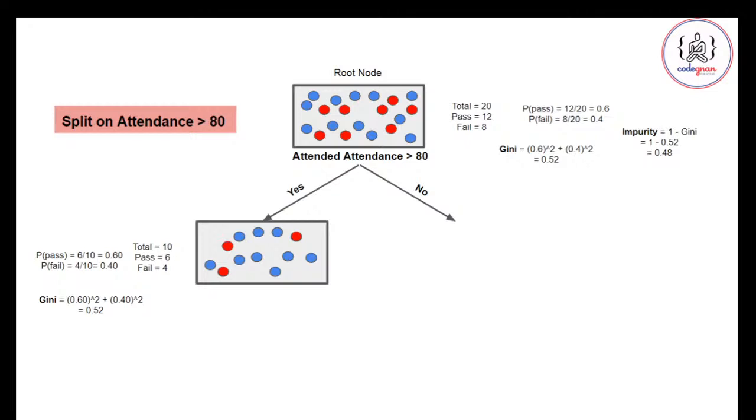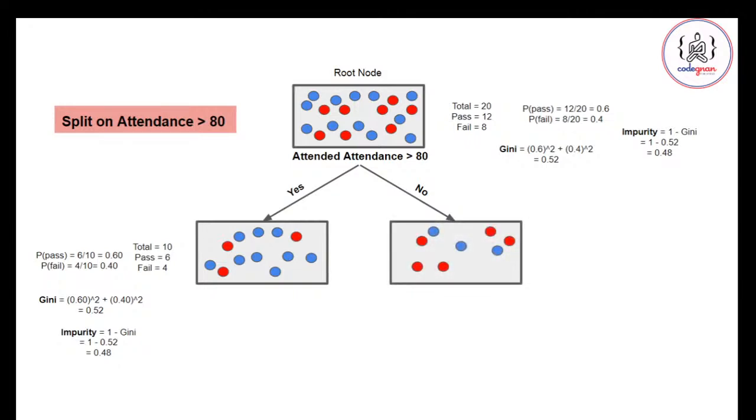You have calculated this Gini, which comes out to be 0.52. All right, now again you calculate the impurity at this left subnode, and you calculate the impurity at the right subnode. All right, so you have this impurity at left and right subnode. We have calculated this.